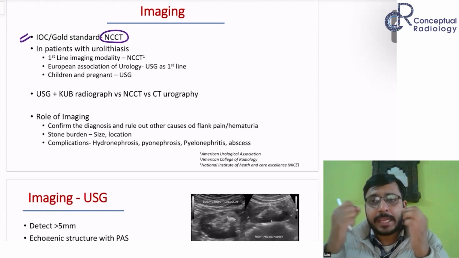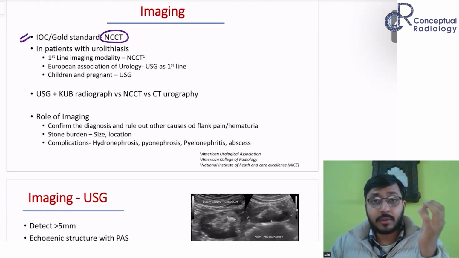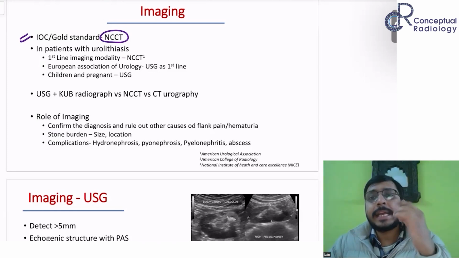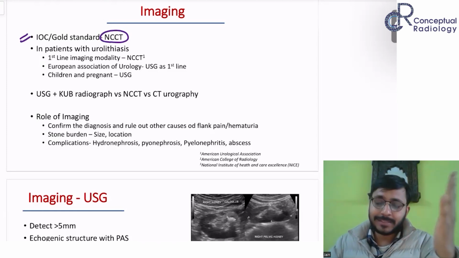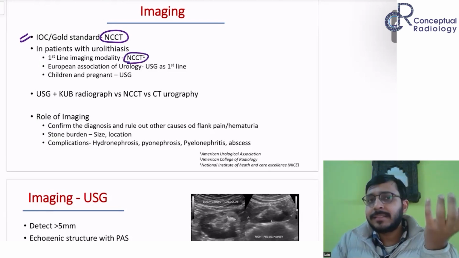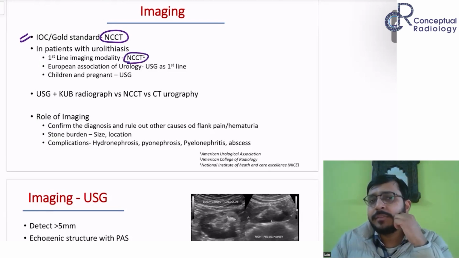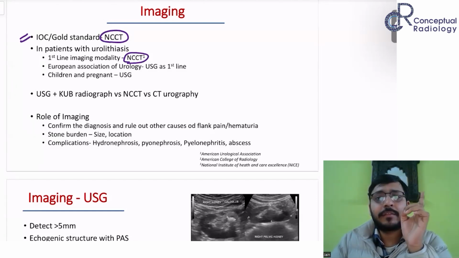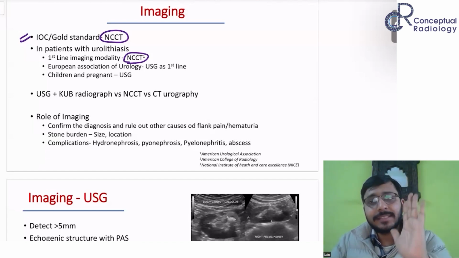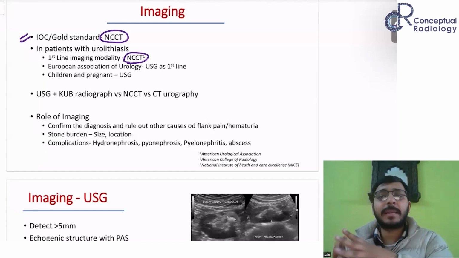Now, according to AUA guidelines, so American Urological Association guidelines, the first line of imaging modality in any suspected case of urolithiasis is always an NCCT. Okay? Now, you will say, sir, in our PG preparation times, we learned that ultrasound is the first line of imaging. But AUA says that NCCT is the first imaging modality when you're suspecting a renal colic.